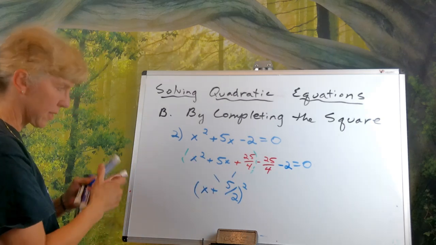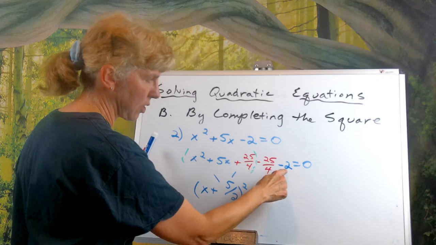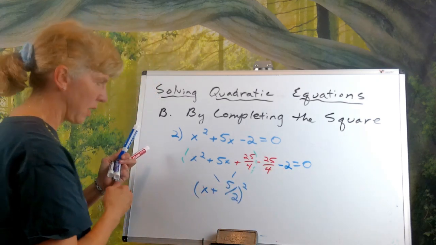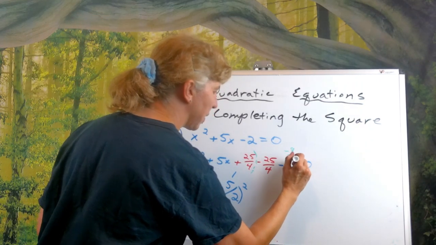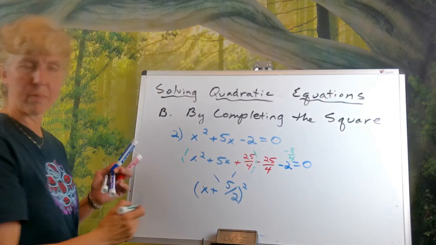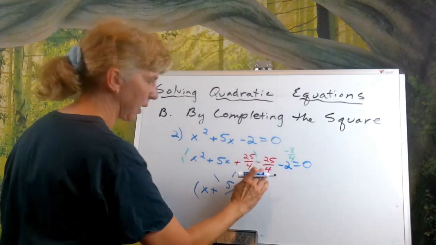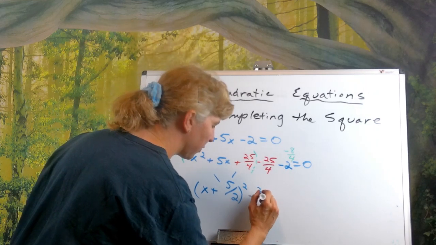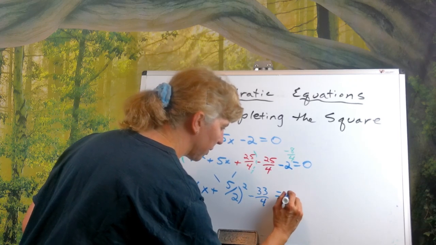In order to facilitate my fractions, I'm going to change this to a negative 8/4 in my head. So I'll just write it there so all I did was get common denominators, right? So that gives me then negative 25 minus 8 is negative 33/4, and that equals 0.